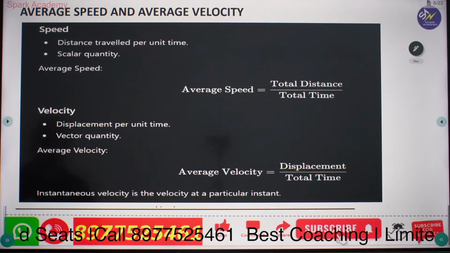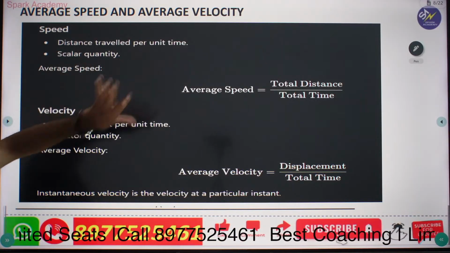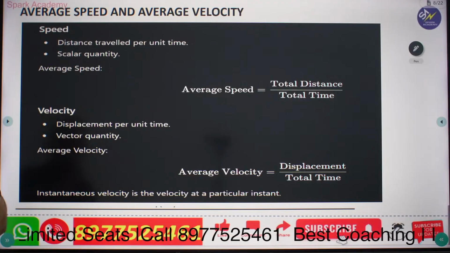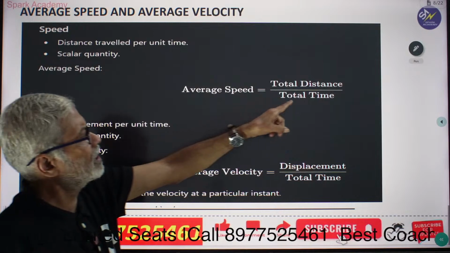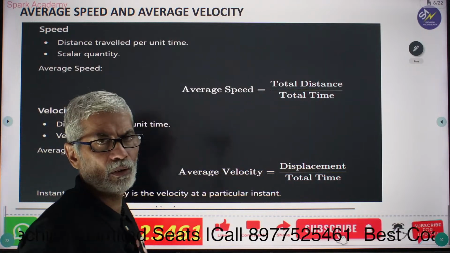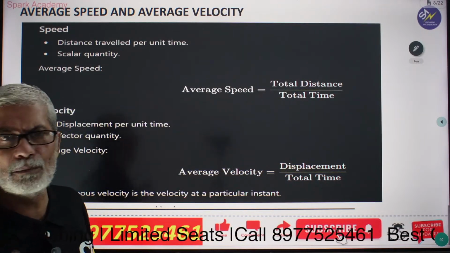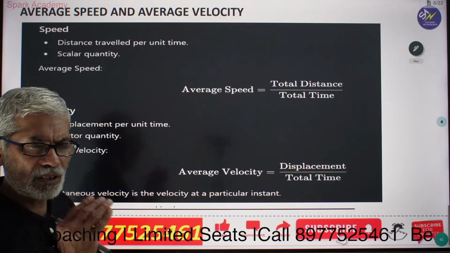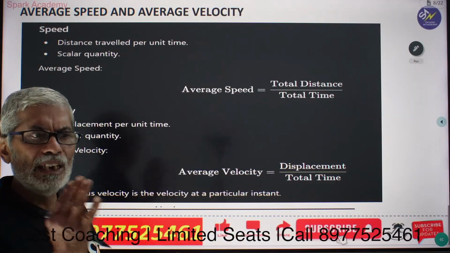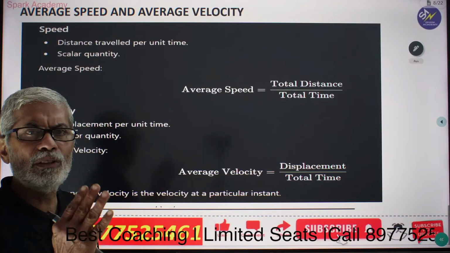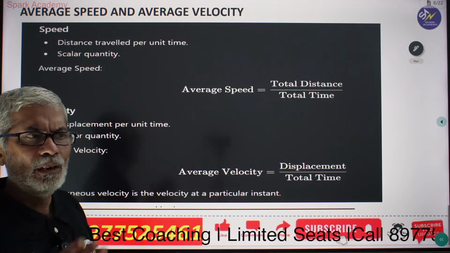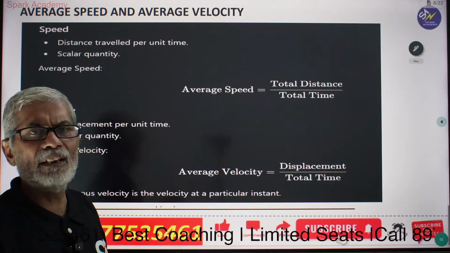Now next is speed. Speed is distance travelled per unit time. Simple formula. Scalar quantity. Average speed is total distance travelled by total time taken. So whatever numerical problem is being asked, even if the distance is divided into 3-4 segments, carefully see what they have given.